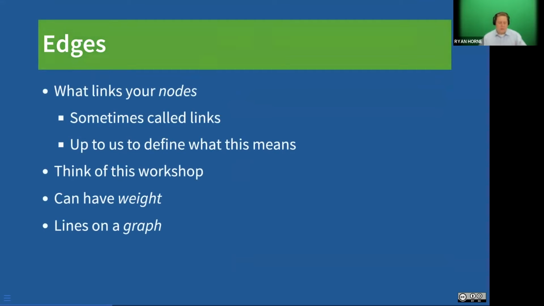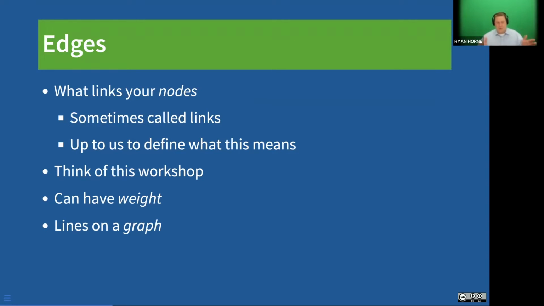Edges are what links our nodes, and these are also sometimes called links, very imaginatively. And it's kind of up to us to define what is a link. So if we think about the context of this workshop, everyone here is a node, and we're all linked to each other because we're in the same workshop. We can say links can have weights. So maybe you have, say, two cities that have a lot of economic traffic between the two of them.